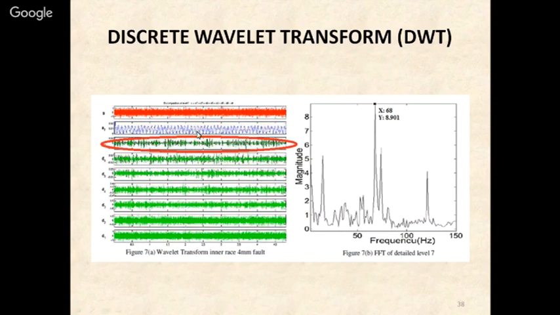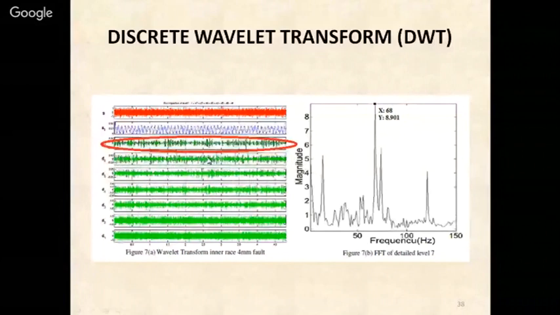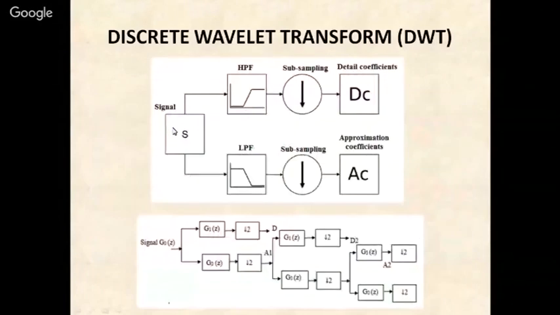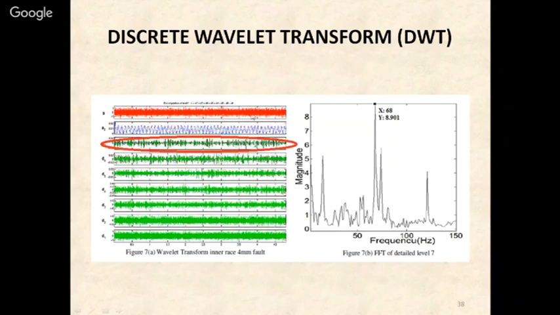This is done again and again so that we can decompose the signal into various components. So in wavelet, we can decompose the signal just like in FFT. FFT is basically decomposing the signal into a sum of sines and cosines. In wavelet, we are disintegrating the signal into various frequency bands by using various filters. Low pass and high pass filters, and again this will be passed through the low pass and high pass filters.